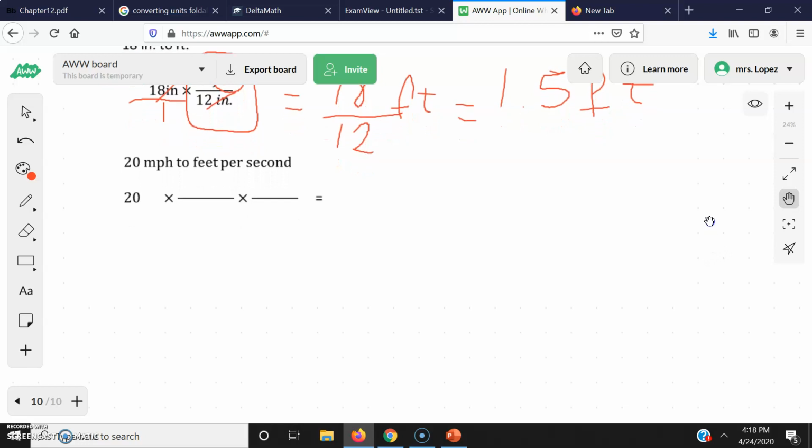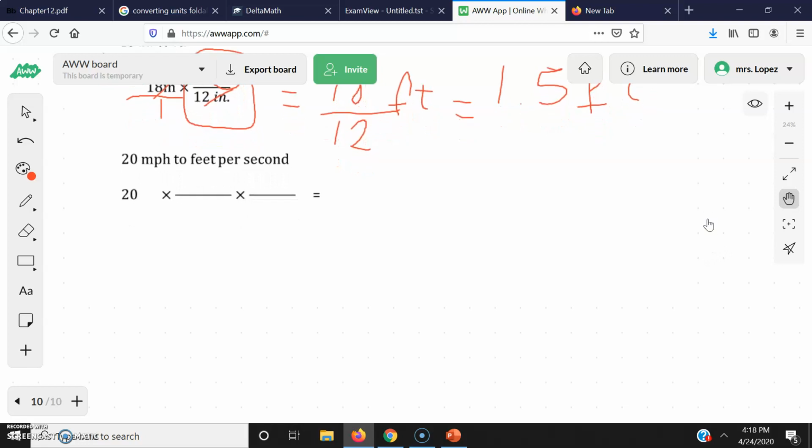Okay, let's do an example that is a little longer because now we have to change 2 units. 20 miles per hour, I need feet per second. Miles per hour, is that a fraction? Yes, it is. The speed that they are giving you in your car, they said mph. This is an abbreviation for this fraction, miles per hour.